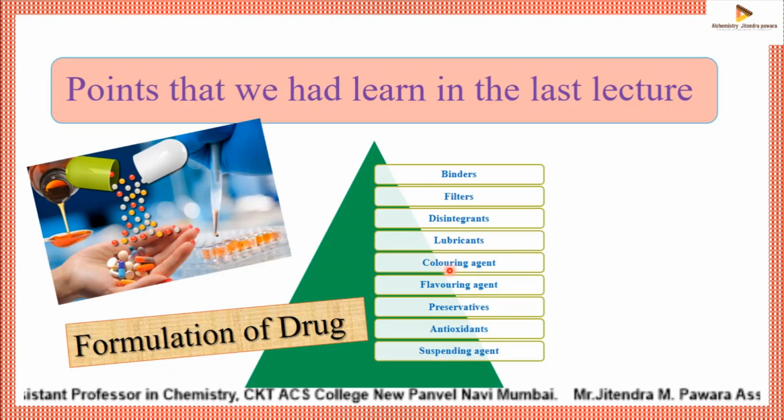Then the next one is coloring agent. It is used to impart color and elegance, so it can be easily identified by the patient. Examples of coloring agents are FD&C yellow tartrazine and DC red erythrosine.